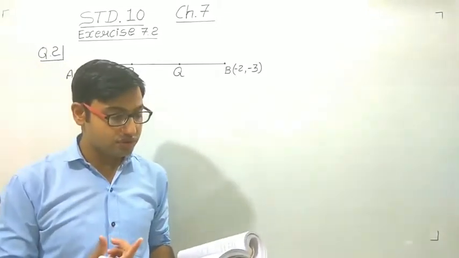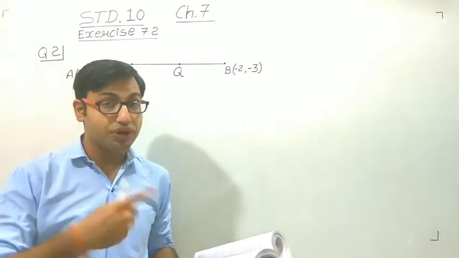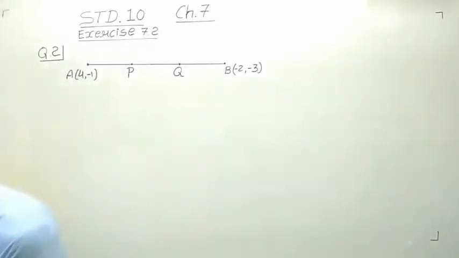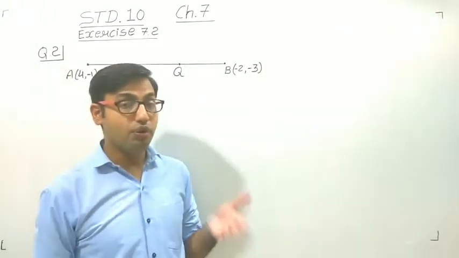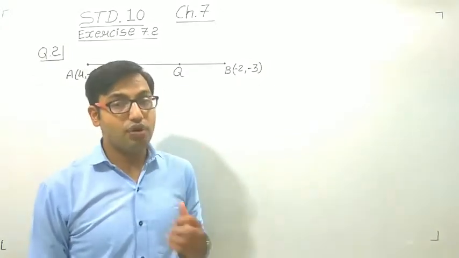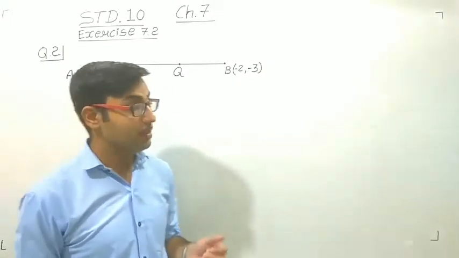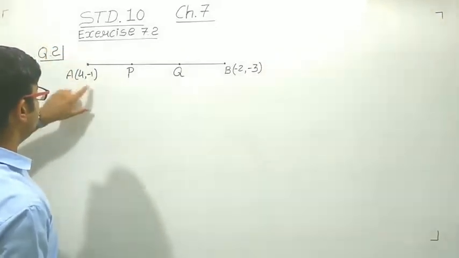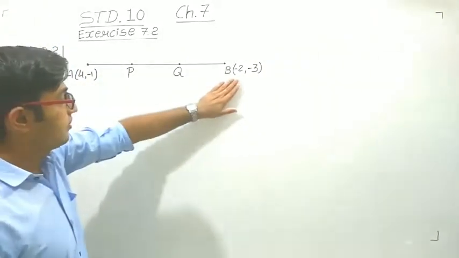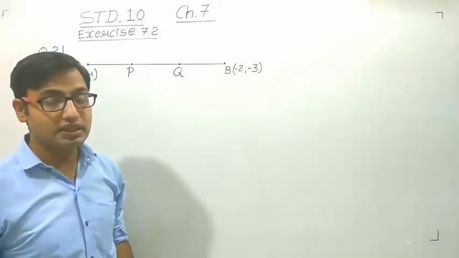Here the phrase used is coordinates of the points, which means we have to find more than one point. And one more word is used: trisection. Let's suppose there are two points, A is (4, -1) and the second point is B (-2, -3).